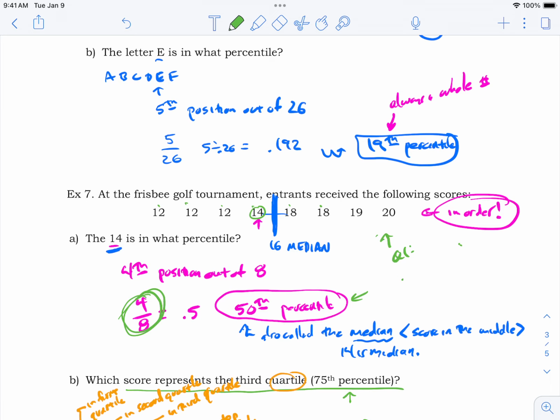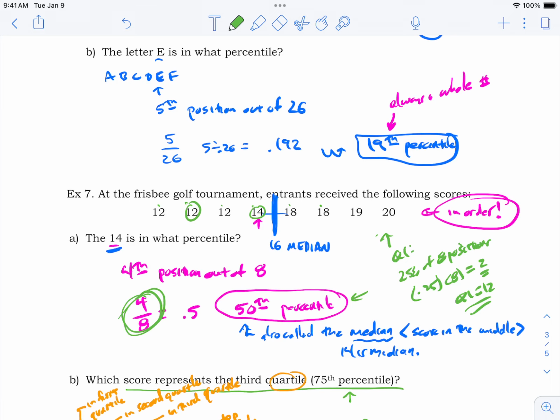For quartile one, I would find 25% of 8 positions. That would be 0.25 times 8. That would be 2. I look at the second position and I say the first quartile is 12. Roughly. It's close. Actually, it is 12.